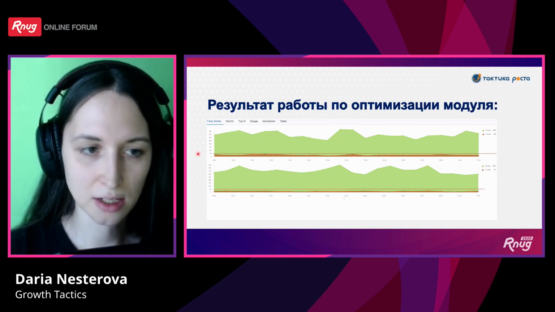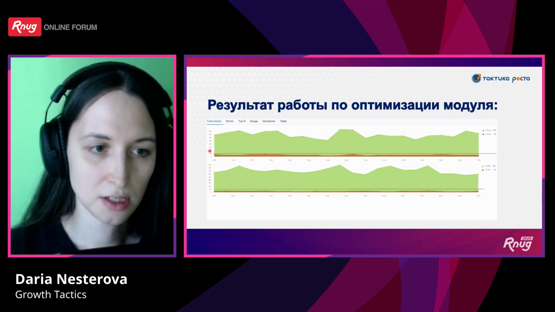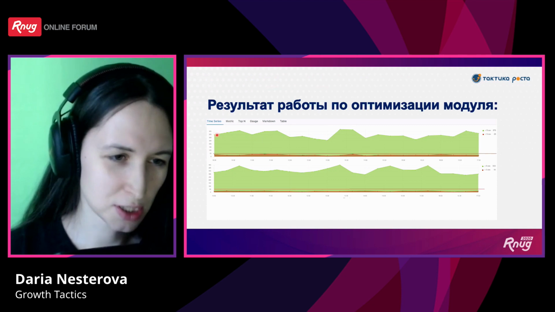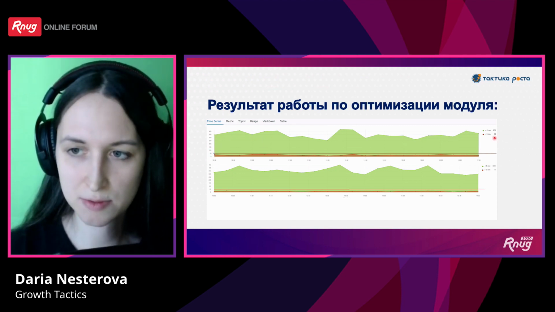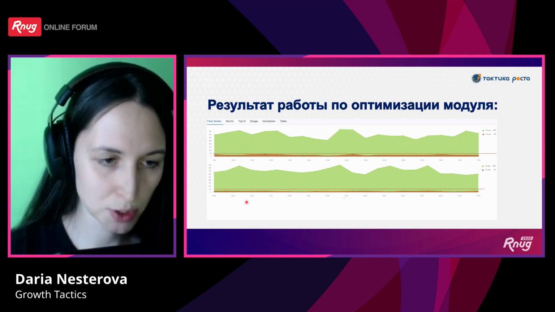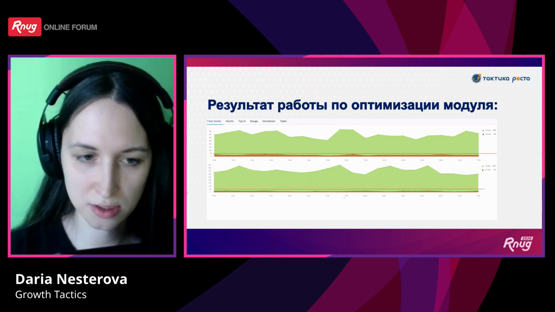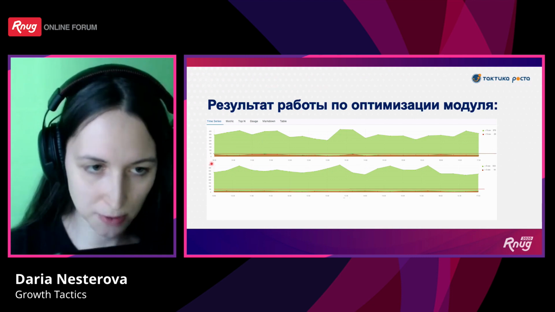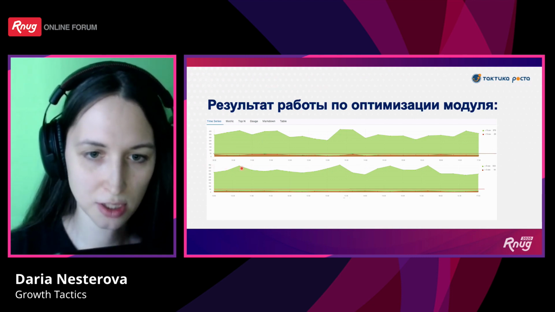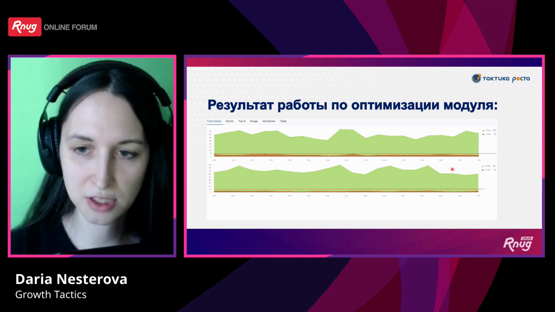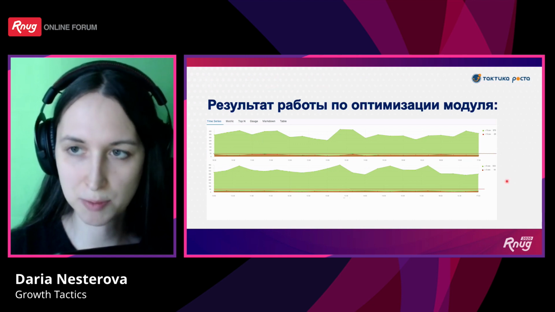Out of all requests for file preview, out of 450, 50 took more than 5 seconds. And after the optimization, the amount of these requests dropped significantly, even though there were more requests this day.